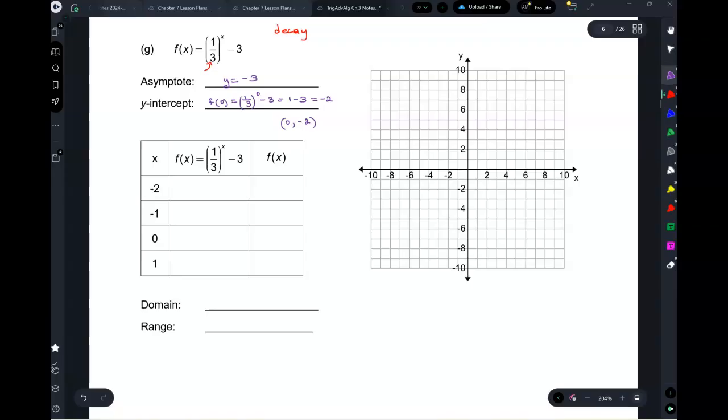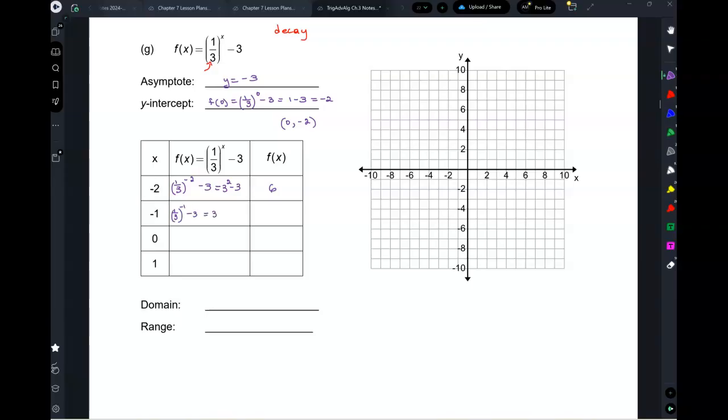All right, so let's see what happens here. 1 over 3 to the power of -2, minus 3. 1 over 3 to the power of -2, we're going to take the reciprocal. So 3 to the 2 minus 3. 9 minus 3 is 6. 1 over 3 to the -1 minus 3.